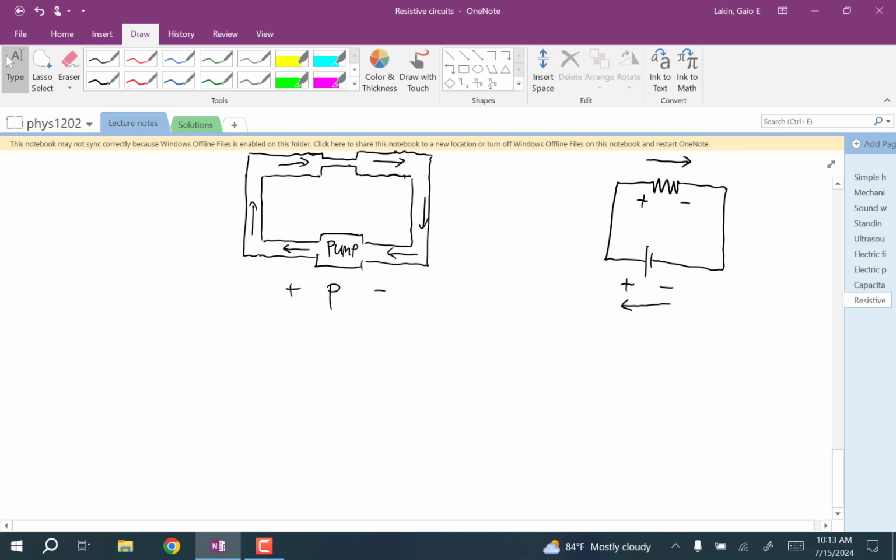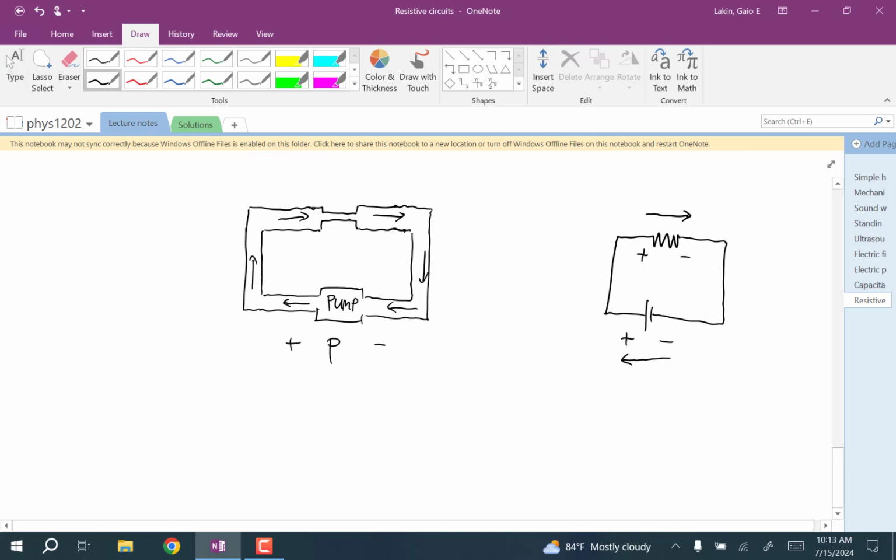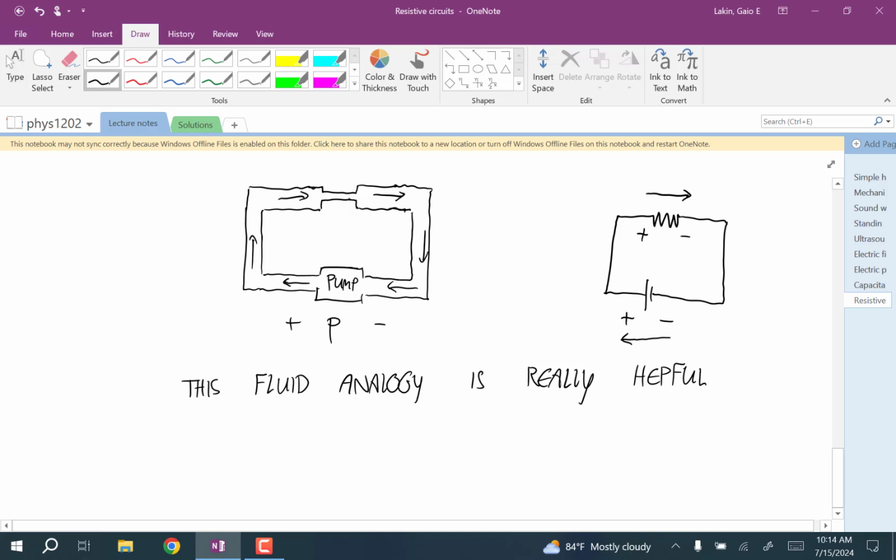Okay, so the most useful reason to think of this fluid analogy is that it's really helpful for guessing the direction of the current and the polarity of the voltage.